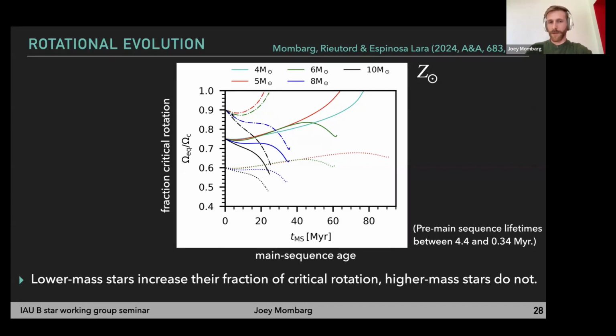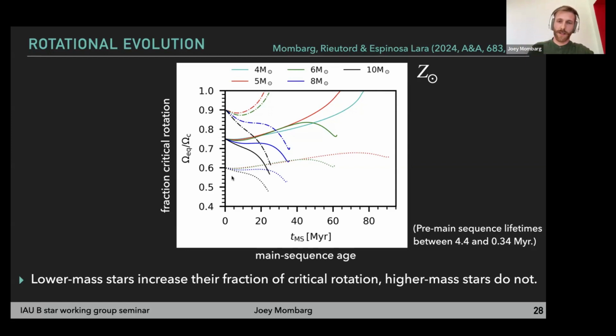If we start with a larger initial rotation rate, 90% even, we find that for 6 solar masses we can also push it towards critical rotation during the main sequence. But even for this initial rotation rate, for masses above 8, we've observed that they always decrease their fraction of critical rotation.